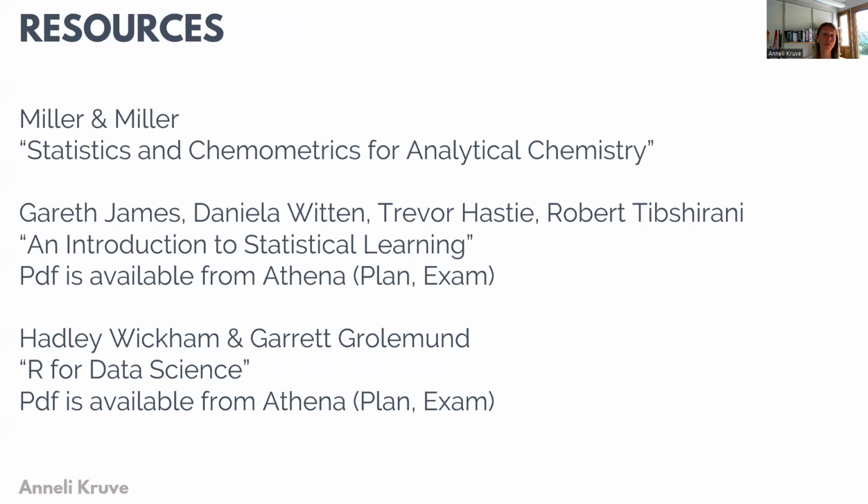To help you, I also suggest a couple of resources. You are probably already familiar with the Miller and Miller book, which is very easy reading and a kind of introduction to multivariate statistics. However, a more advanced book is An Introduction to Statistical Learning, which is freely available. This is also available as a PDF in Athena on your course site. And to help you write good R code, R for Data Science is also uploaded in Athena.